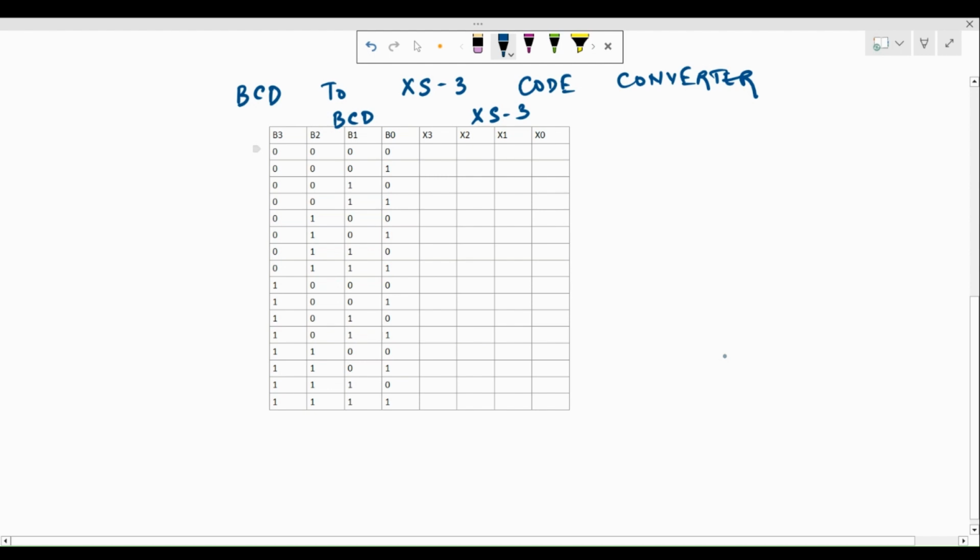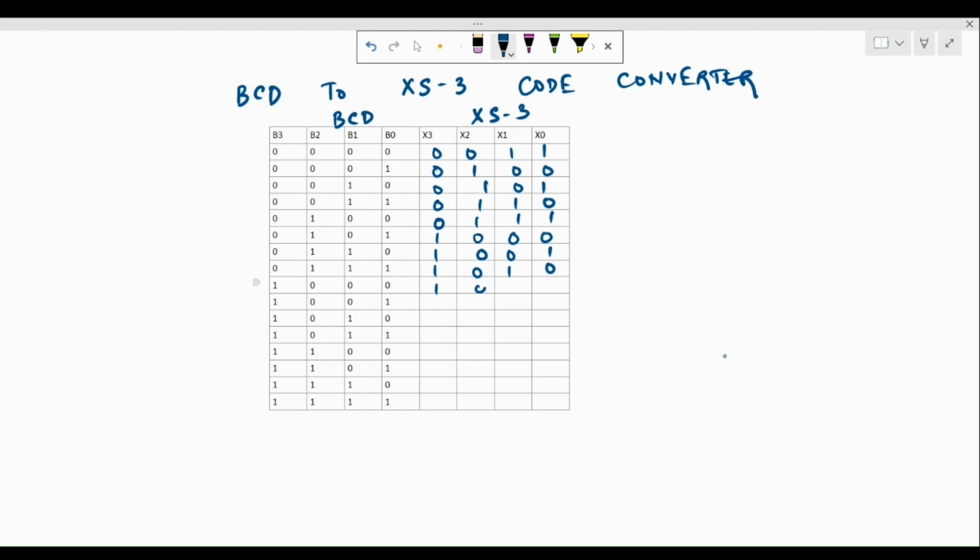So if I have a 0, I should start with a 1 here. So 0011. And then I can add 3 continuously to each of these BCD numbers and fill up this. So 0100, 0101, 0110, 0111, 1000, 1001, 1010, 1011.